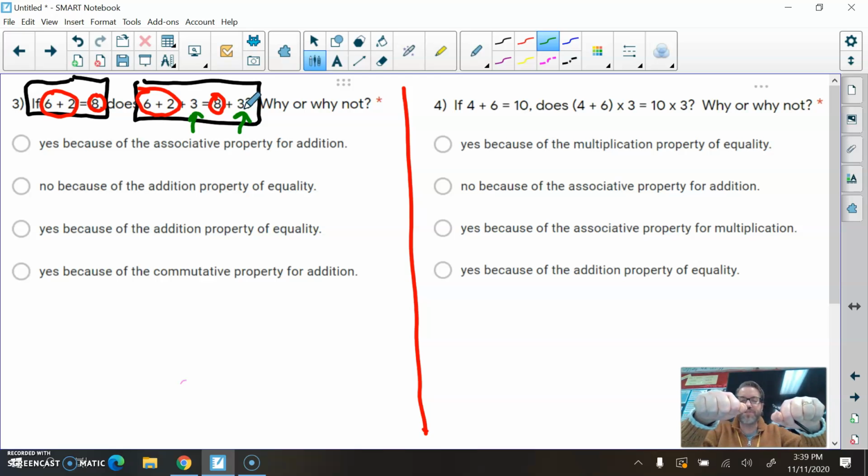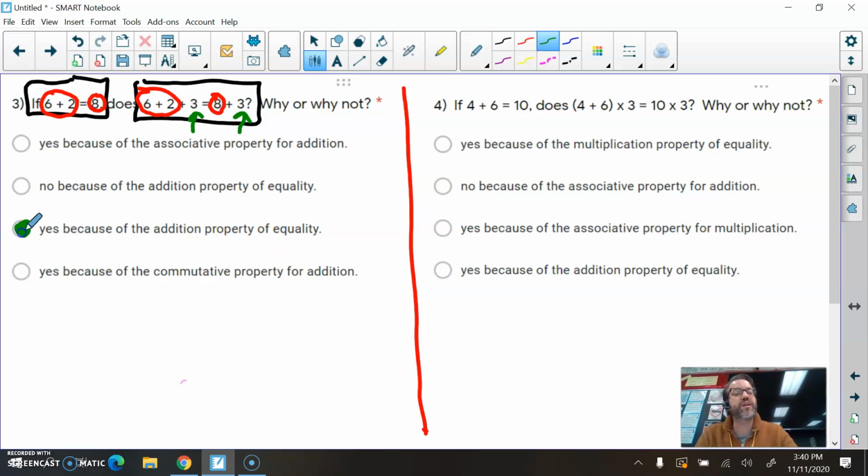It's like a pan balance in science. You add 3 on one side, uh-oh, it's out of balance. Add 3 to the other side, woo, we're back in balance. So that's the addition property of equality. So yes, it is still equal. Why? Because of the addition property of equality.